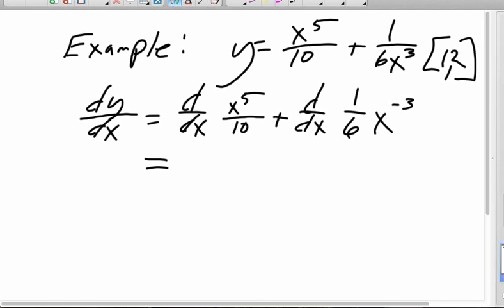All right. So I multiply this term down, so I'm going to end up with 5/10, now subtract 1, x to the 4th, minus, because my exponent is negative, multiply that down, so I'm going to have 3 over 6, x to the negative 4th.